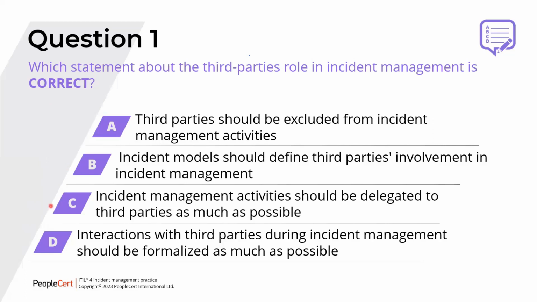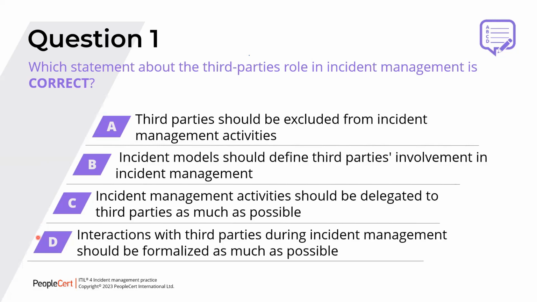Option C, incident management activities should be delegated to third parties as much as possible. Yes, but it all depends on the architecture and design solutions of product, services, and value streams, rather than saying that they should be delegated to third parties as much as possible. Though some activities can be performed by specialized suppliers.